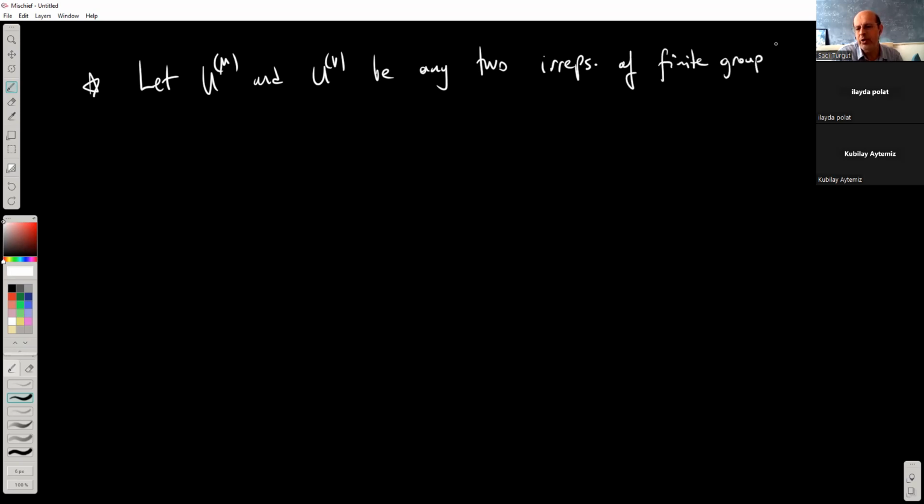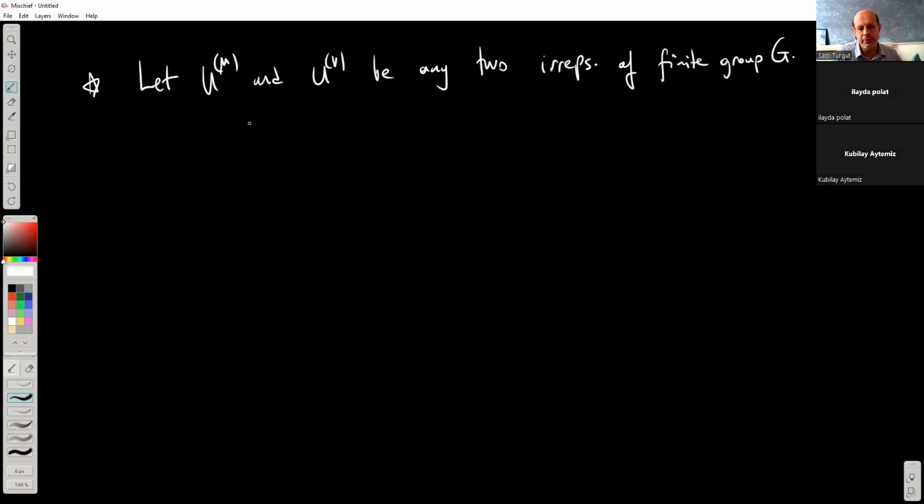Sometimes I'm going to state this, sometimes I may forget. From now on, I'm going to assume that all groups are finite groups, because some parts of the proofs are actually going to use the fact that the group is finite. So we will never do a representation theory of infinite groups, unfortunately.